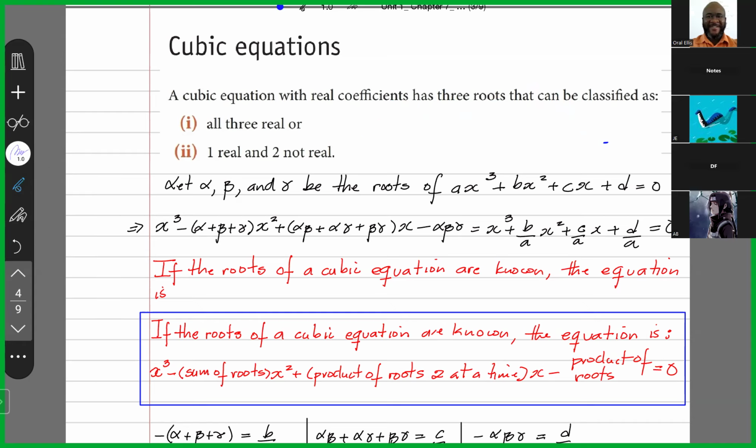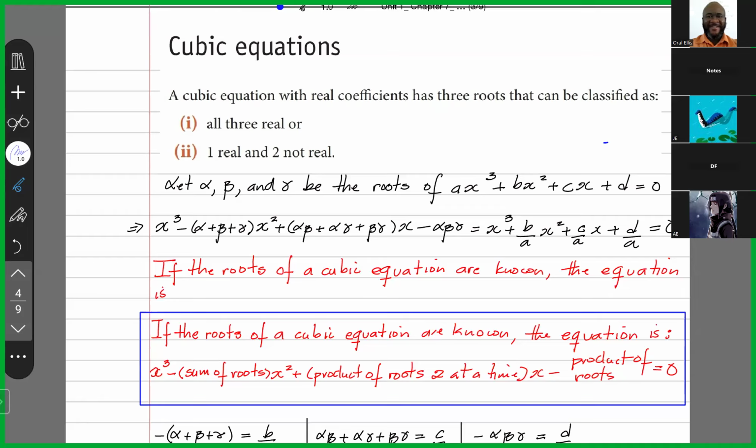So let us now say that alpha, beta, and gamma are the roots of ax cubed plus bx squared plus cx plus d.